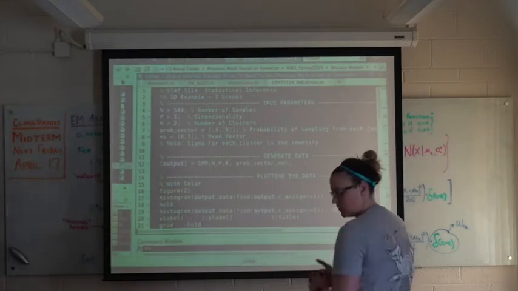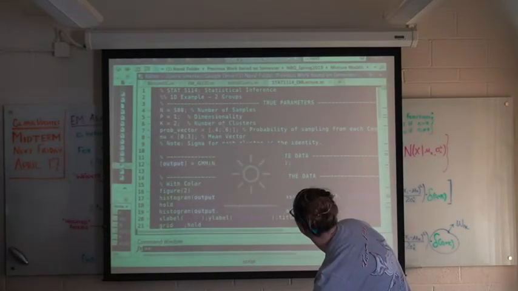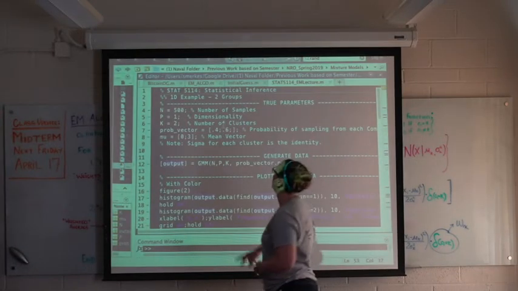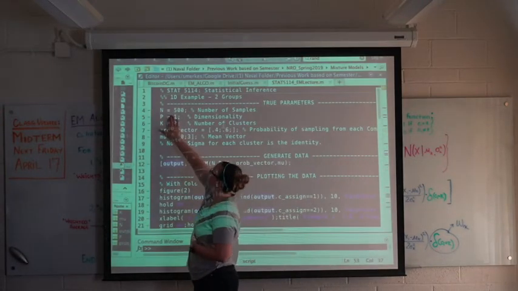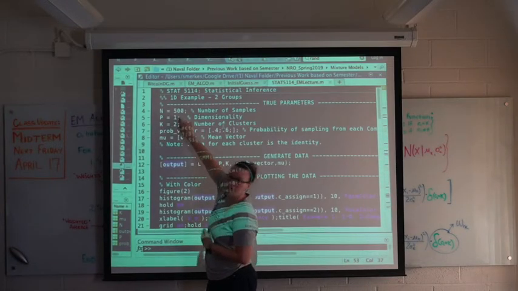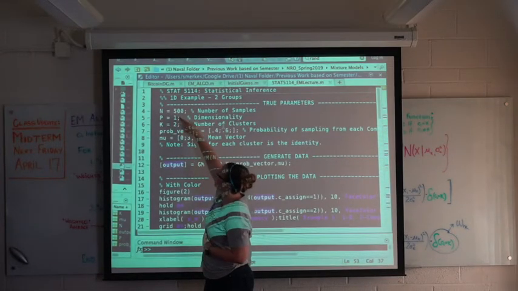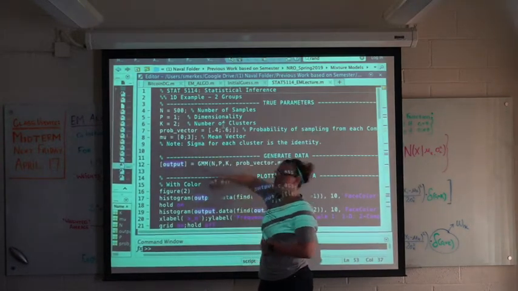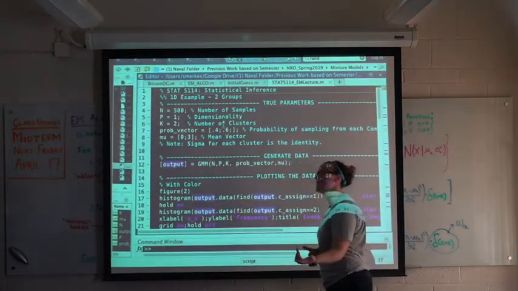So in our sim, I'm going to generate some data of 500 points. Our first case is going to look at dimension 1 with 2 clusters. The probability vector is just the probability, so that's our pi k's.